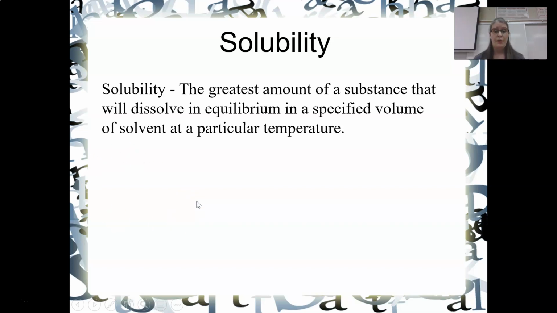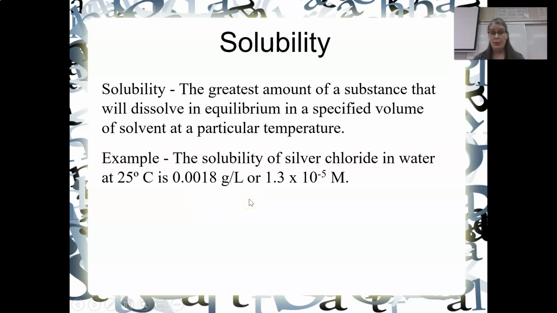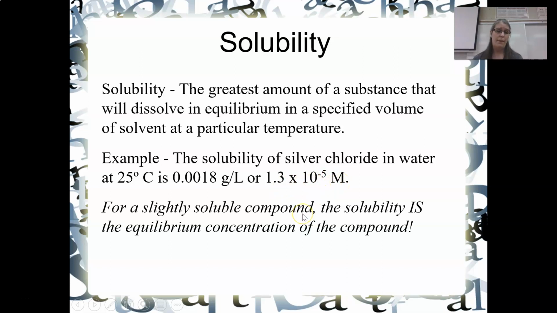So for example, I could say that the solubility of silver chloride in water at a particular temperature is 0.0018 grams per liter, or 1.3 times 10 to the minus 5 moles per liter, or molarity.